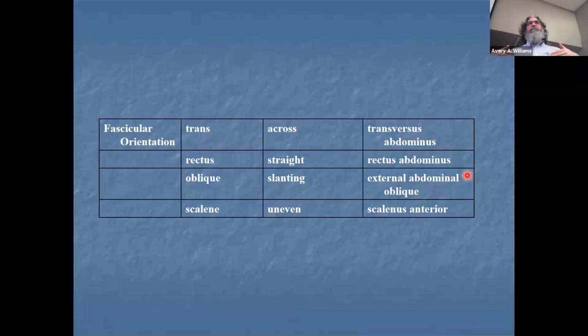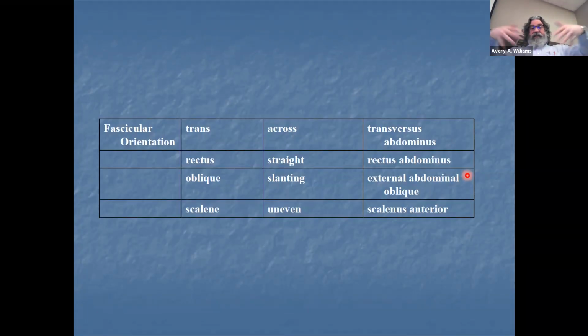And you look, the external abdominal oblique musculature, that's the most superficial. The muscle fibers are running down like this, converging towards the midline. And then the internal abdominal obliques are running in the opposite direction, up and out.